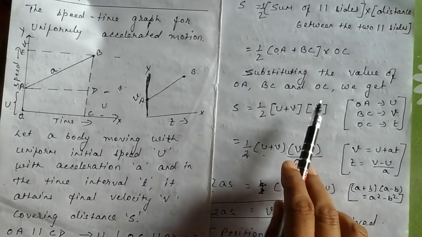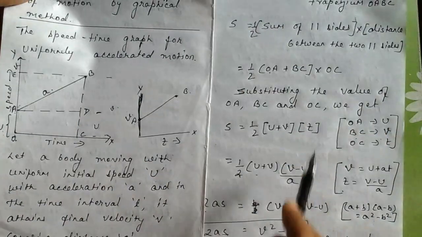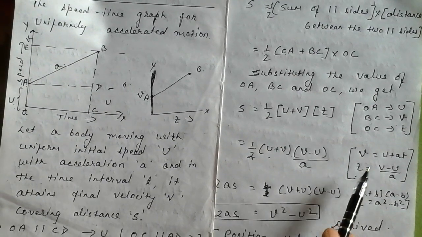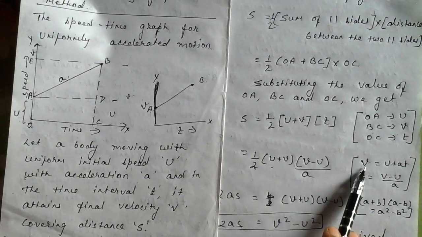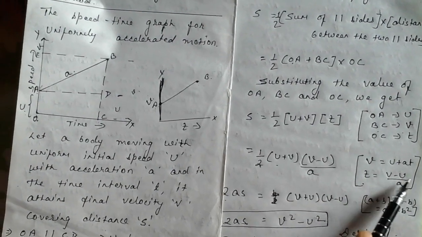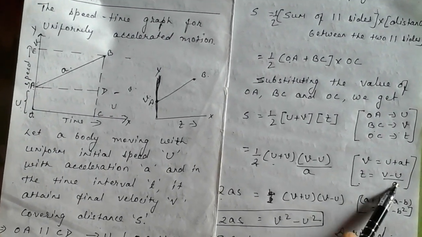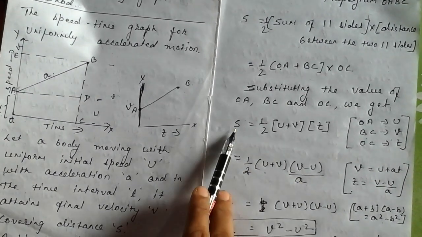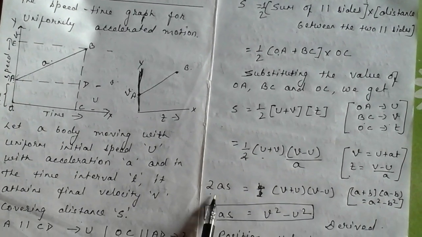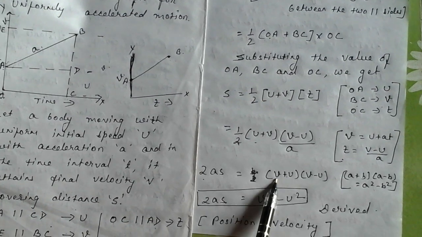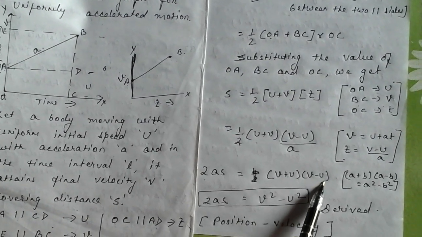Now, in the third equation of motion, we don't need time t. So, from the first equation of motion, v = u + at, we replace the time: t = (v − u)/a. Substituting (v − u)/a in place of t and cross multiplying, we get 2as = (u + v)(v − u).